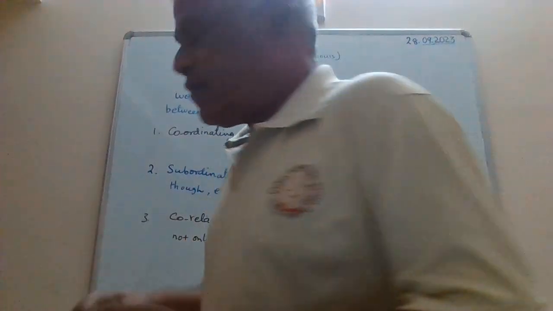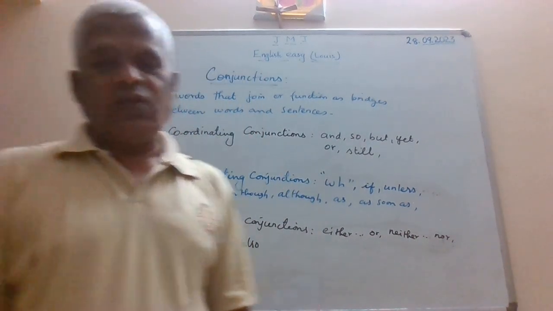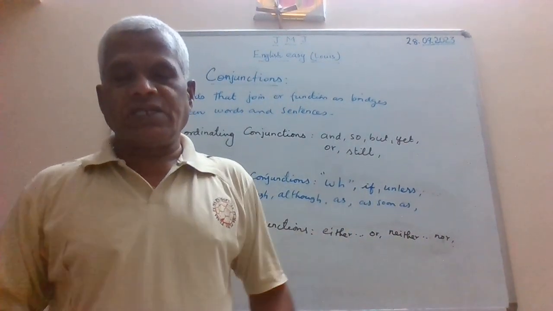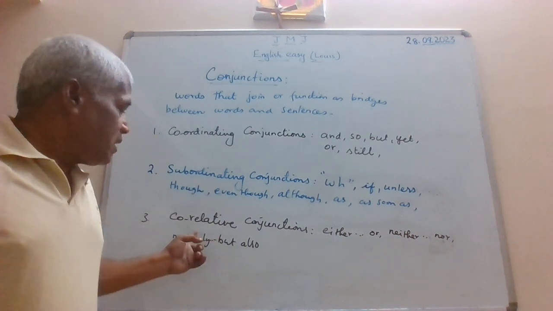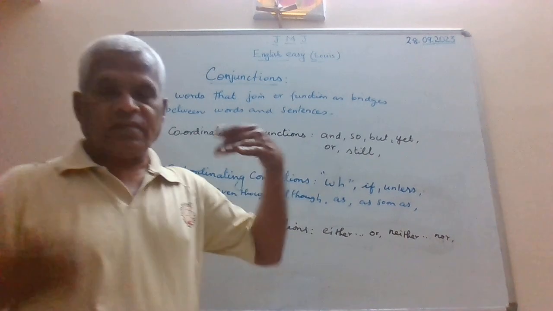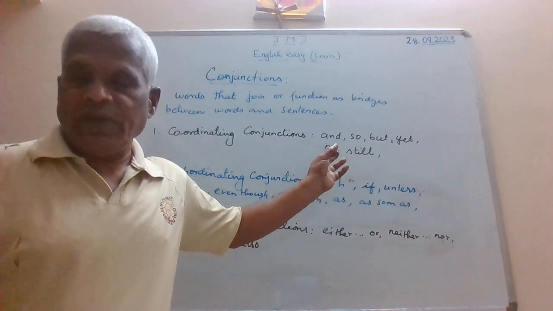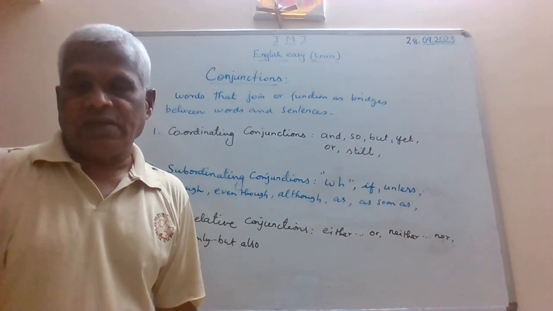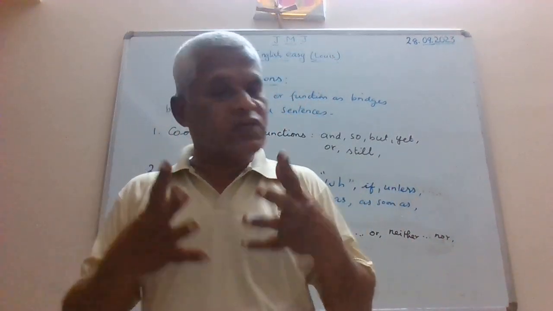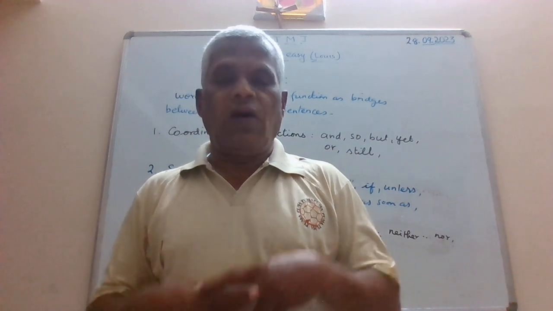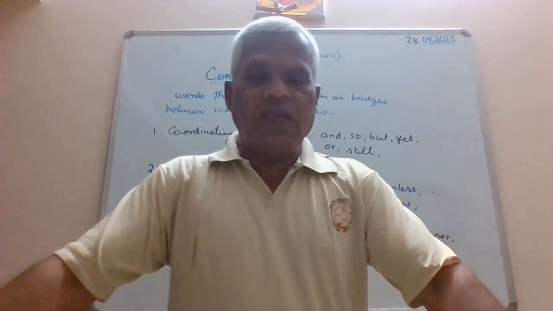We will come back to subordinating and correlative conjunctions later when we discuss simple, complex, and compound sentences. Conjunctions are everywhere, and they are used every now and then in speaking or writing in our day-to-day life.